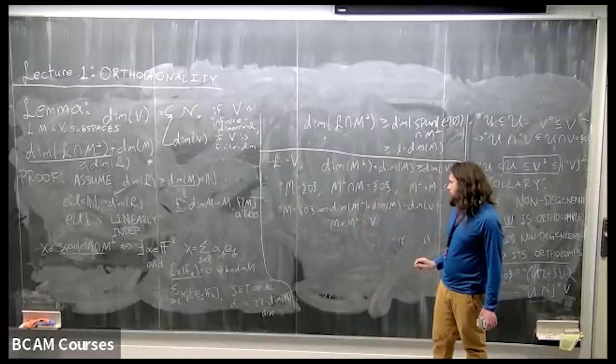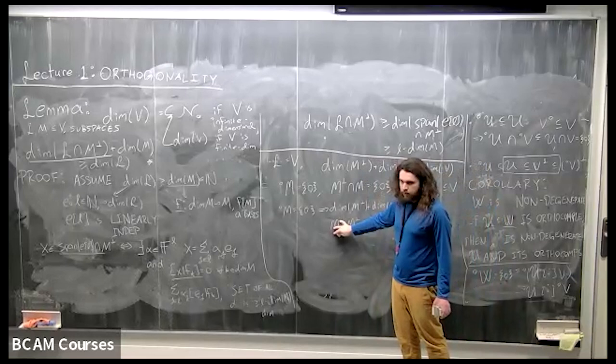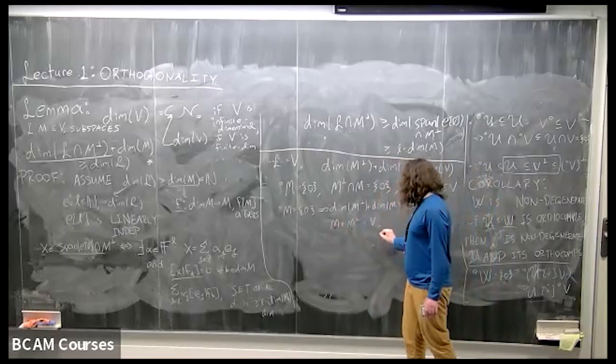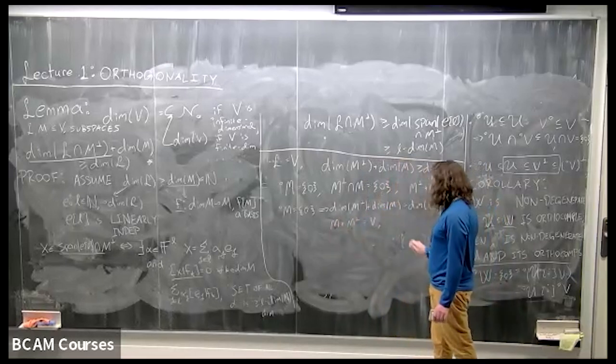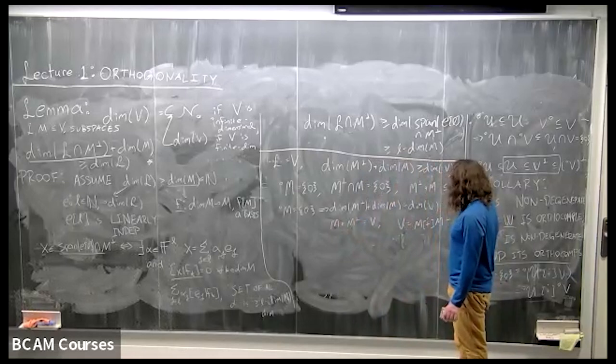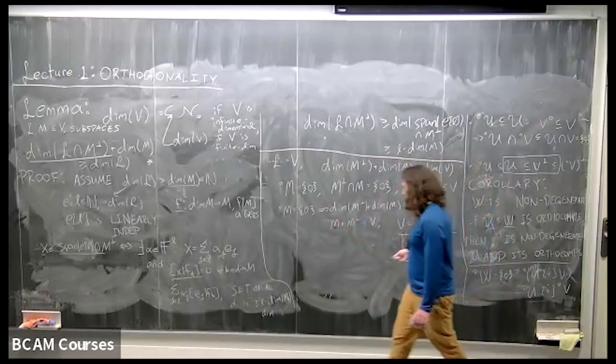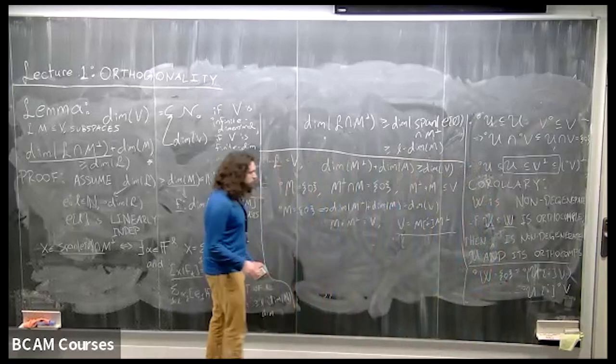So now, because this subspace is orthogonal to this subspace, and their intersection is zero, I can go ahead and use the orthogonal direct sum notation. So V would be M orthogonal direct sum M perp. And so by doing this, what I've established is an equivalence.